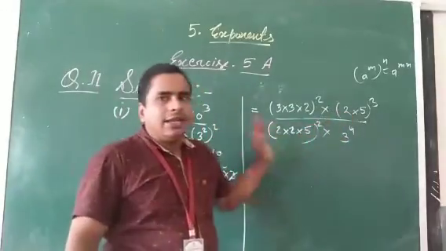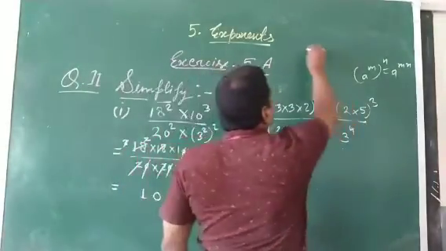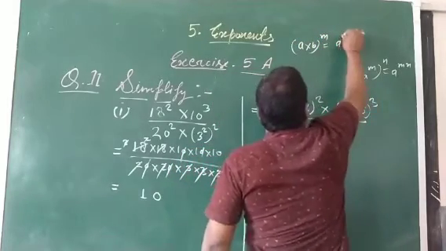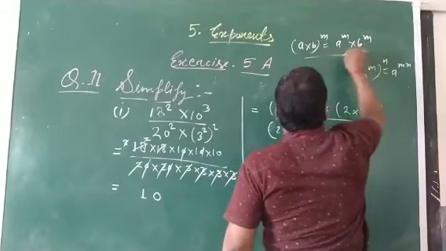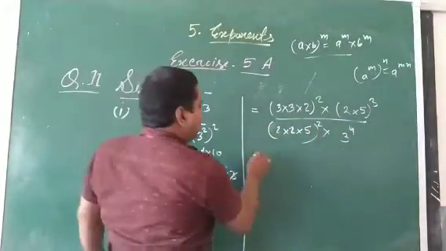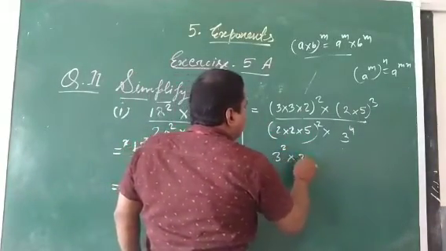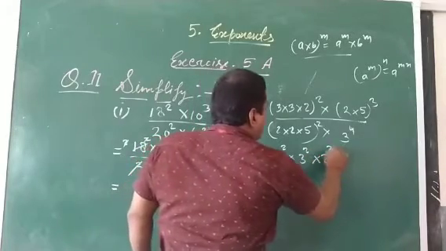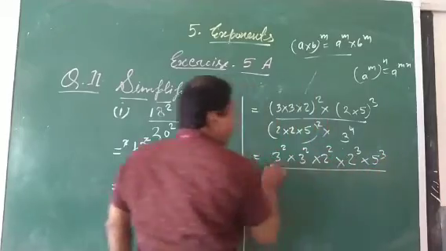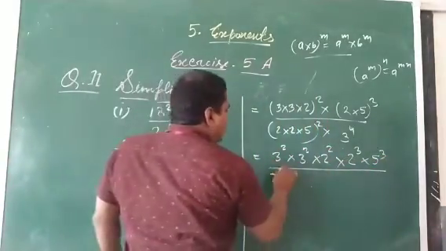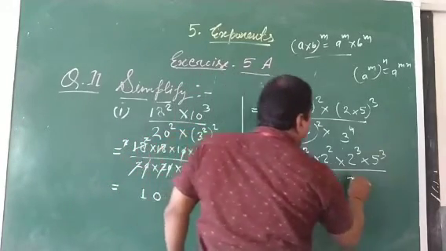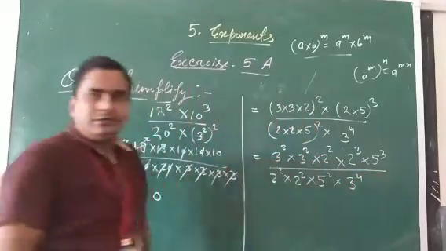Now here, here and here we apply the same rule: a times b to the power m is equal to a to the power m into b to the power m. Use this rule in all three steps. So apply here: 3 to the power 2, 3 to the power 2, 2 to the power 2, 2 to the power 3, 5 to the power 3, upon 2 to the power 2, 2 to the power 2, 5 to the power 2, and here 3 to the power 4.